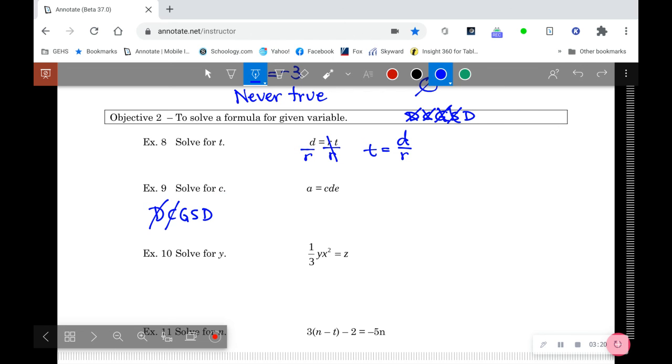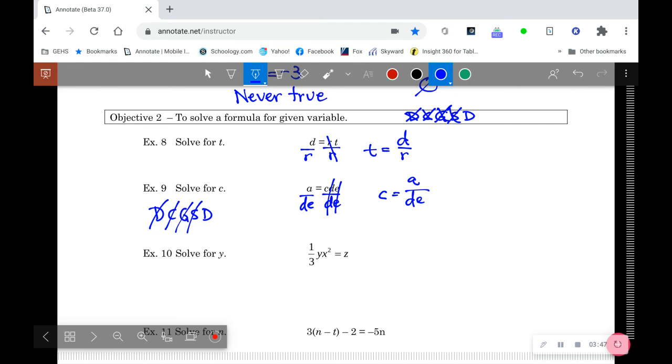But the other term is already separate from it, so we don't have any gathering to do. Simplifying, there's no simplifying. But we do want to divide, and the goal here is to get rid of everything except for the C on the right. So I want to get rid of D and E. And the D's and the E's would cancel. So let me clean it up. C is equal to A over DE.